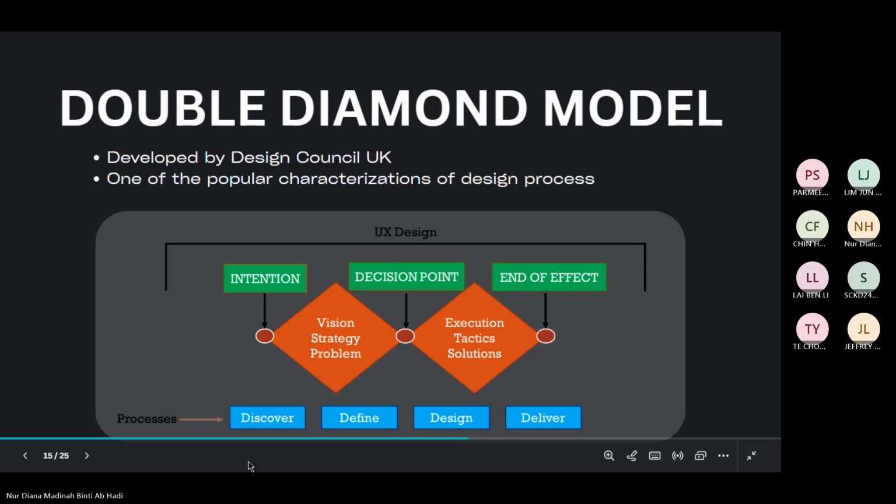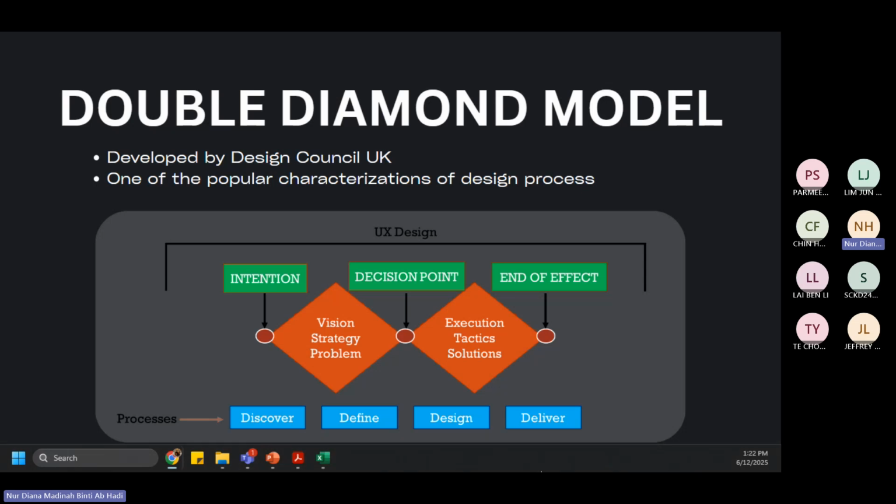So, when we involve this double diamond model, it is actually an iterative process. It will keep on repeating. So, in order to guide the design process, you as a designer need to think about your PACT elements that were already mentioned just now, right?